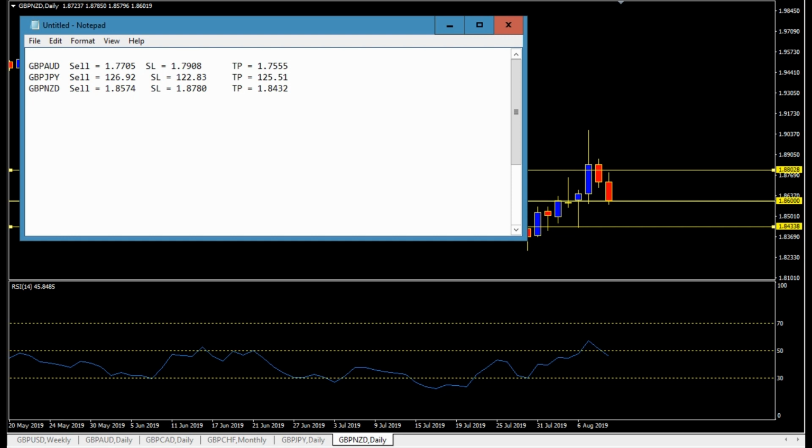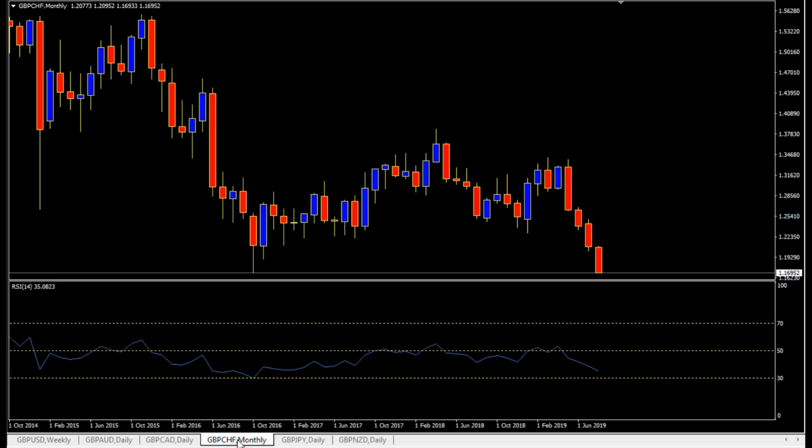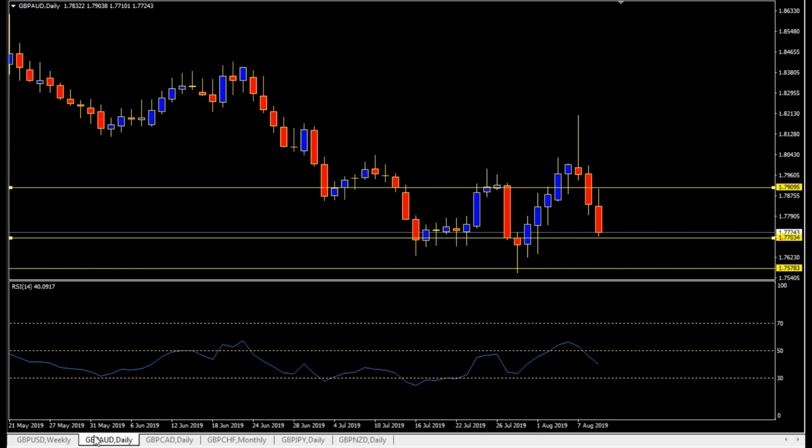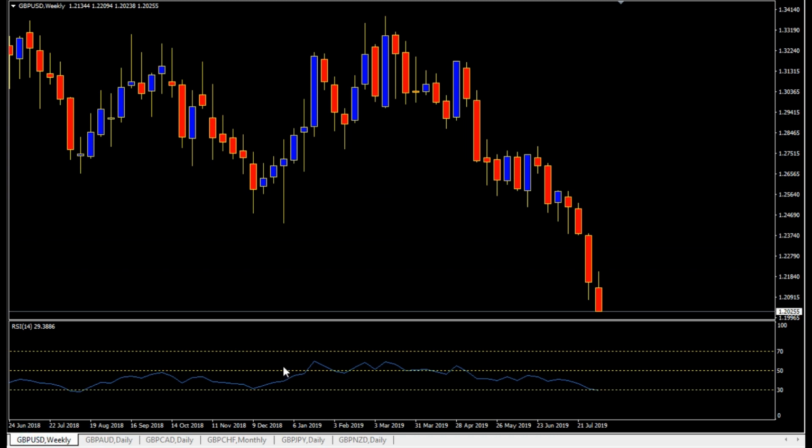Let's see the other ones. The other ones we decided we are not going to take. That's it. Anyway, I have shown you now how to forecast the trend.